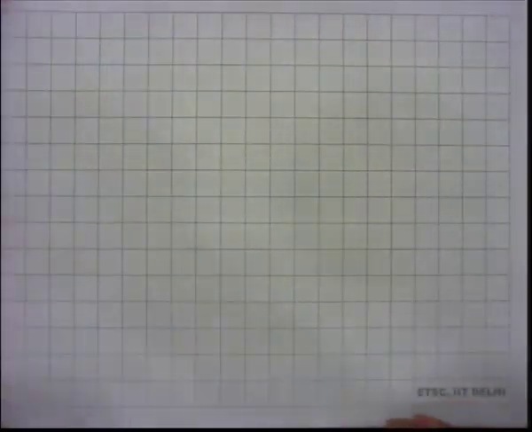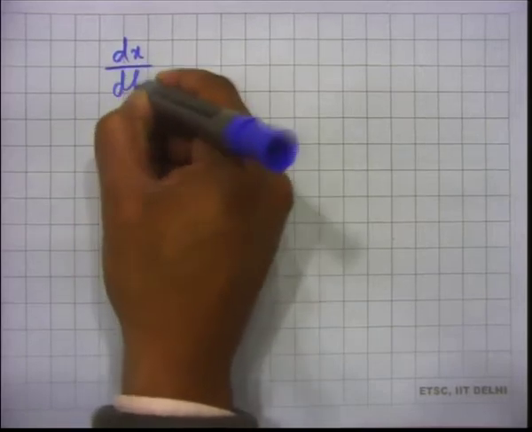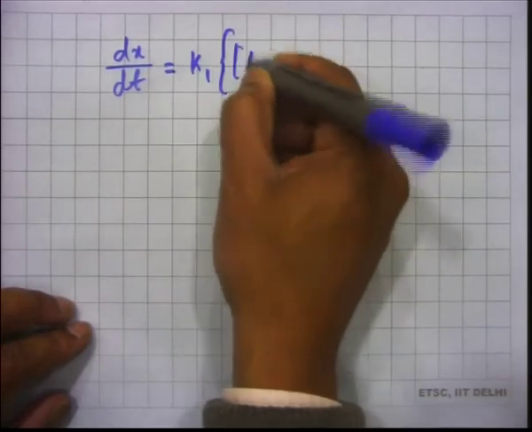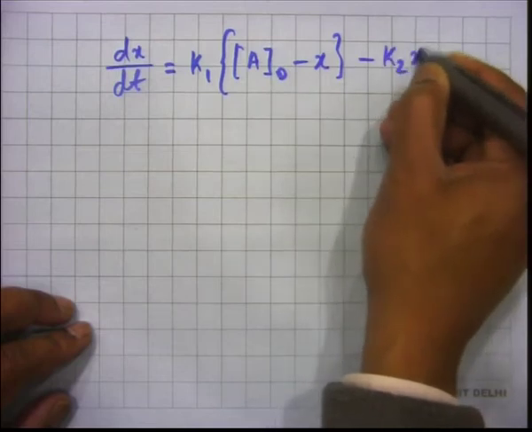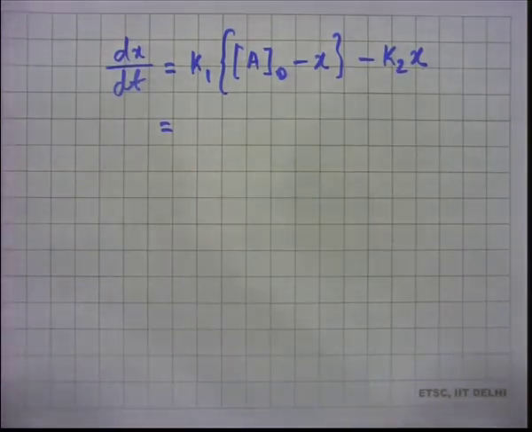Now, remember that we often try to integrate equations to get functional dependence on time. So, we have this dx dt expression which was k1 and here we can use K2 from the expression that we just now derived. K2 is K1 times A naught minus Xe divided by Xe. If we do that, then everything will be in terms of K1.